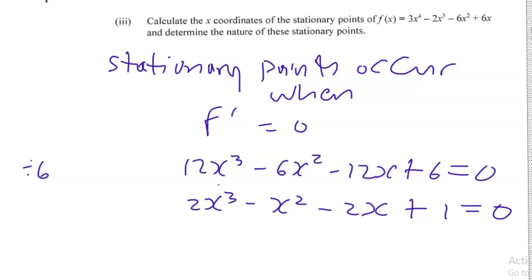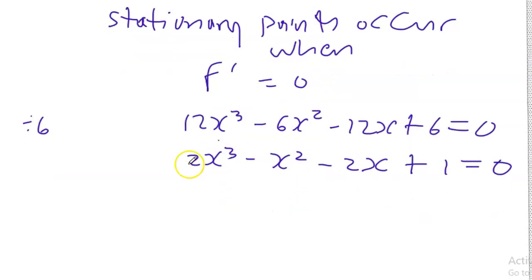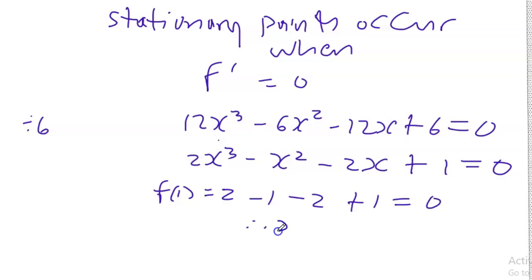So we can try 1. Now f of 1 will be 2 times 1 cubed, which is 2, minus 1, minus 2, plus 1. What does that work out to be? 0. So therefore, x minus 1 is a factor.